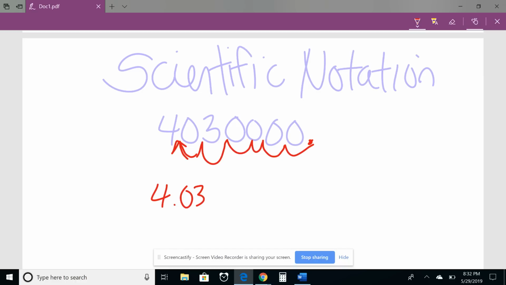I'm not going to include the zeros after that because we don't write out zeros afterwards. And then multiply that by a power of 10. Depending on how many hops I went, 1, 2, 3, 4, 5, 6 is the exponent of the power of 10. So it would be 4.03 times 10 to the 6th.